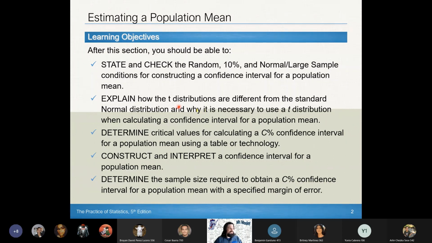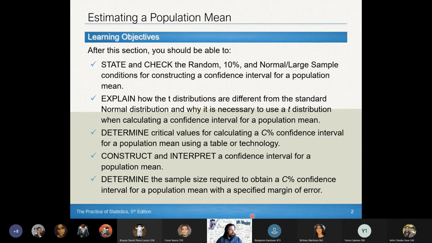Explain how the t distributions are different from the standard normal distribution and why it is necessary to use a t distribution when calculating a confidence interval for a population mean. Determine critical values for calculating a C% confidence interval for a population mean using a table or technology. Construct and interpret a confidence interval for a population mean. And determine the sample size required to obtain a C% confidence interval for a population mean with a specified margin of error.